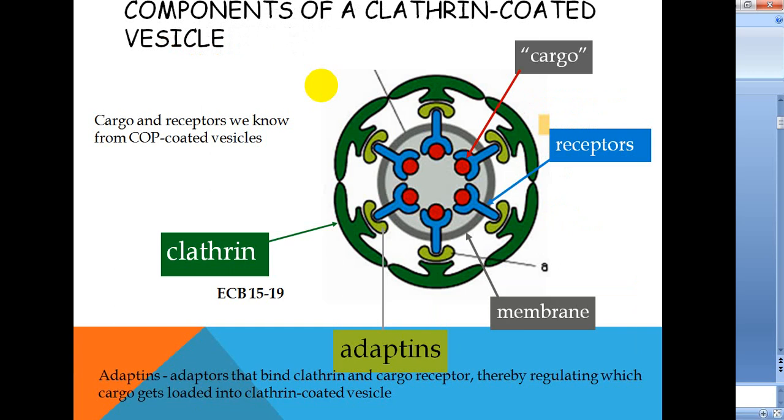Now this clathrin coated vesicle has several components.